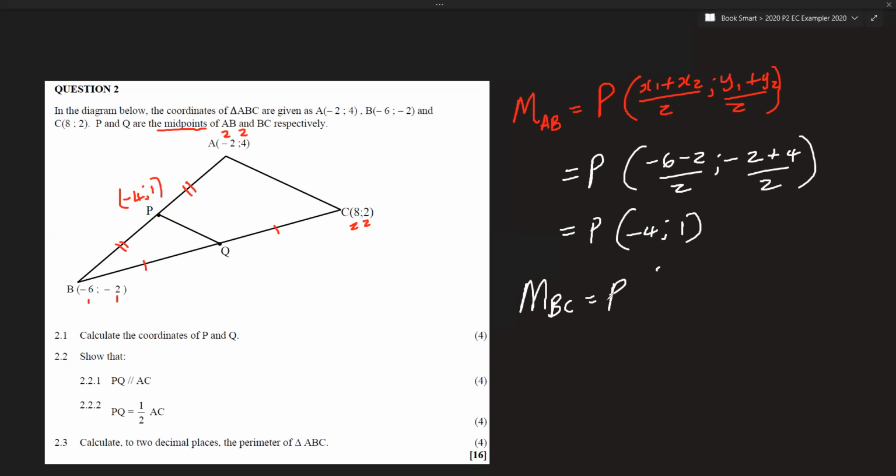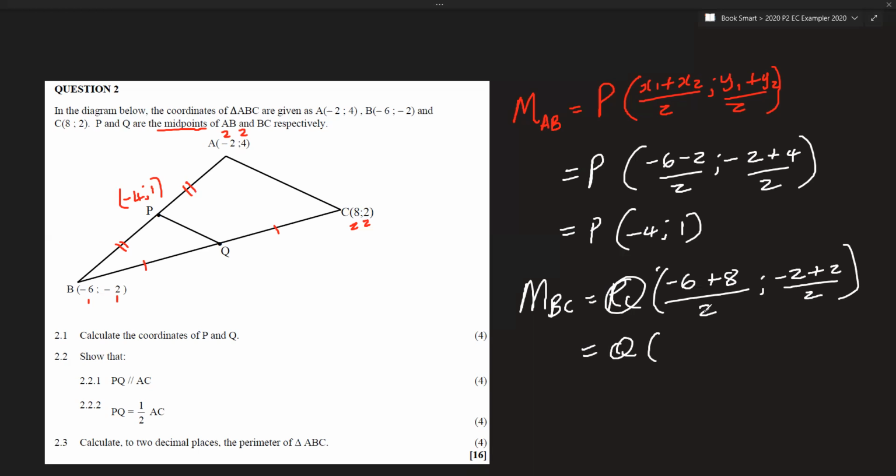Now we can easily find the other midpoint, of BC, which is point Q, sorry. So I'm going to substitute my x1, -6, my x2, 8, which is positive, over 2, my y1, -2, then my y2 is 2, so plus 2, all over 2.